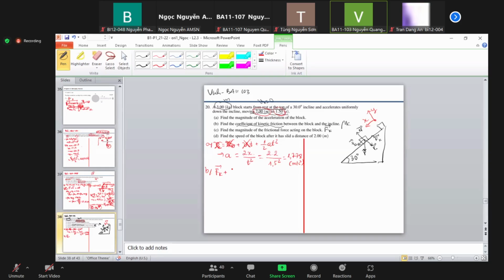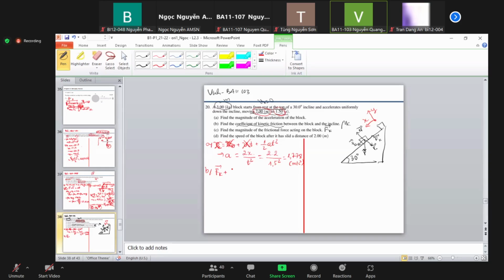No, no. Multiplied by N. I just explained before, the general equation for friction force is mu multiplied by N. It's always N, the normal force.